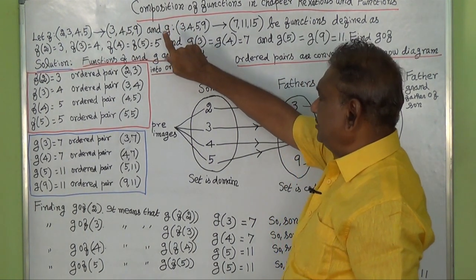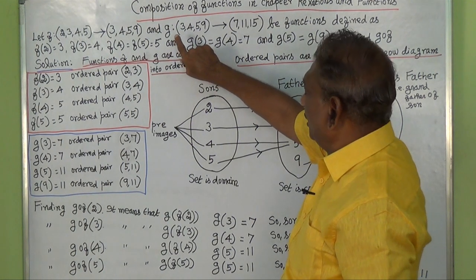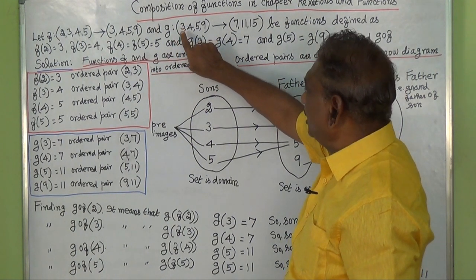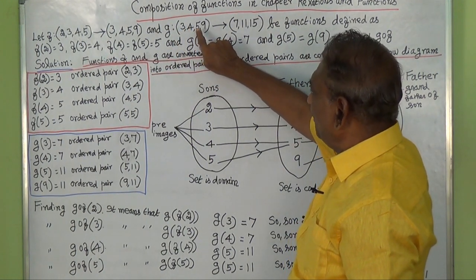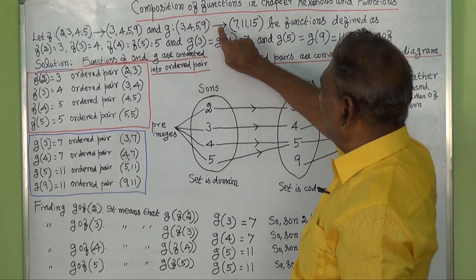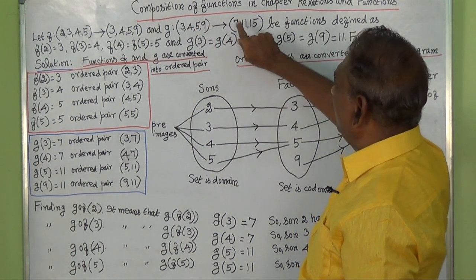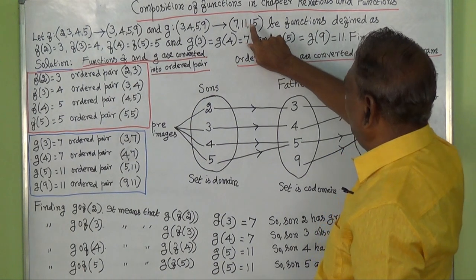In this function g, the set {3, 4, 5, 9} is related to {7, 11, 15}.